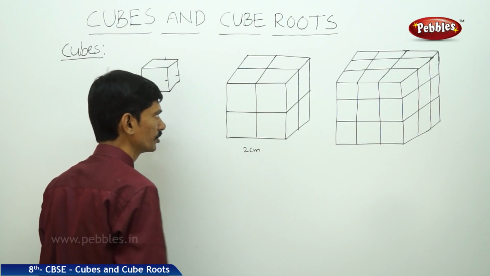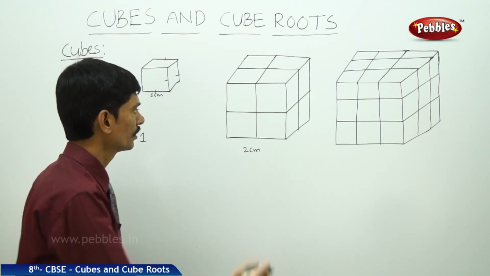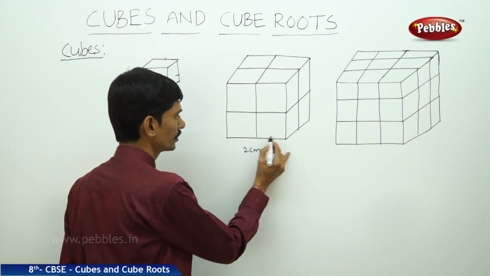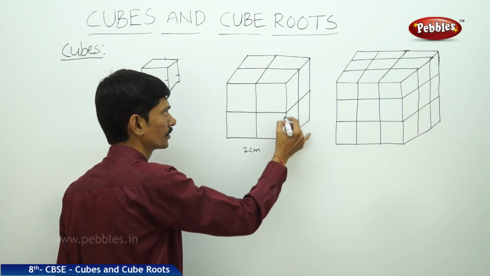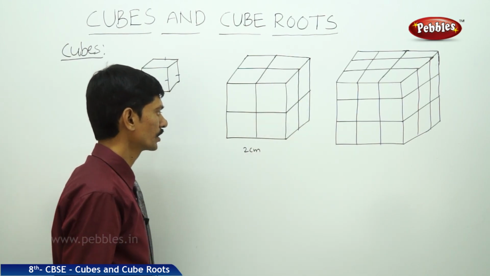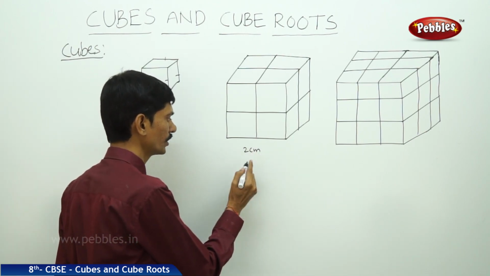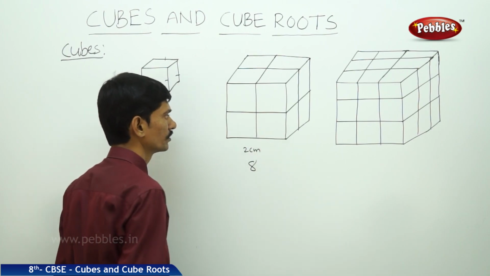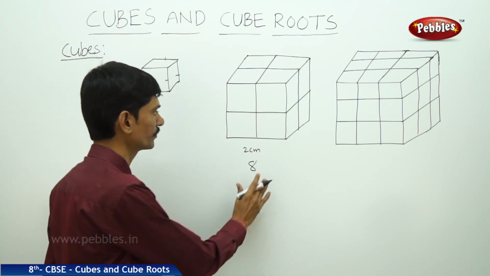How many cubes are there whose side is 1 centimeter? Along length there are 2 cubes, along width 2 cubes, and along height also 2 cubes. So there are totally 2 into 2 into 2, which is 8 cubes.